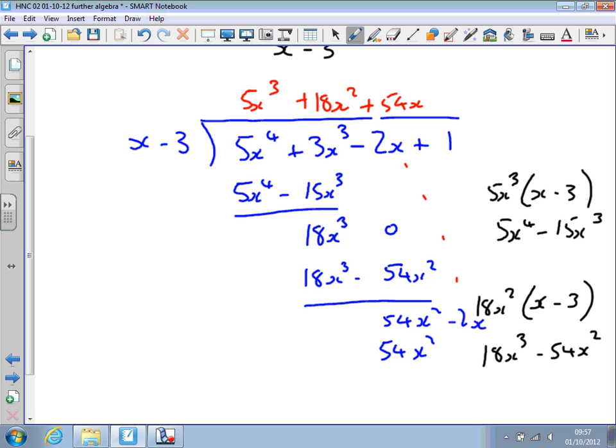Minus 162x. So they disappear. Minus 2x minus is plus 162x. So minus 2 plus 162 is 160x. Leaves me 160x.